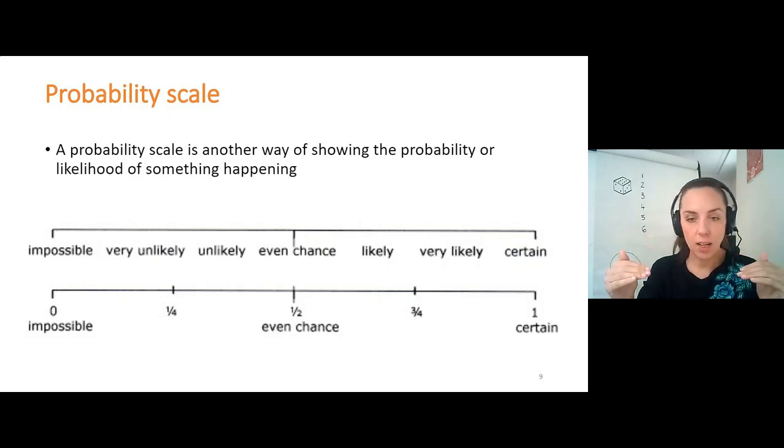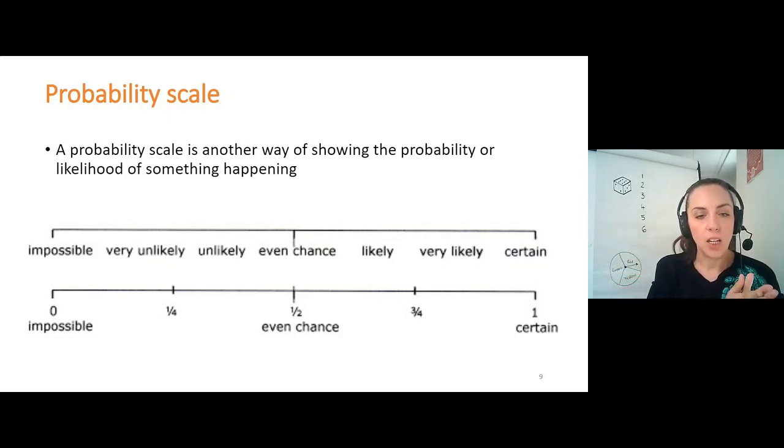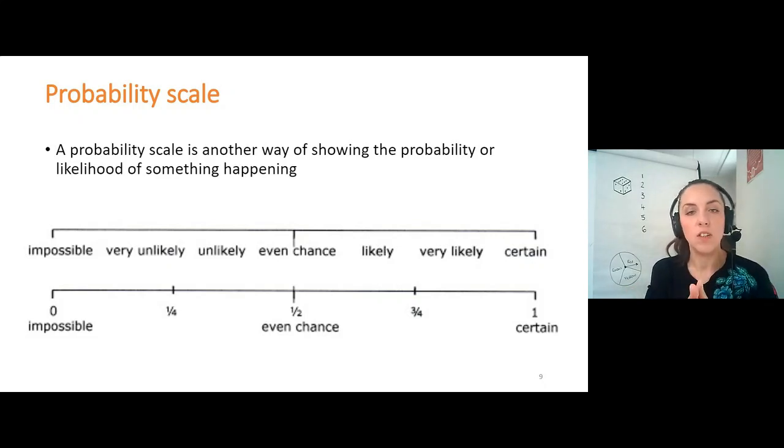And the bottom scale includes some probabilities as fractions. So you can see in the middle, even chance is a half. We express that as a fraction as 1 over 2, 50-50. It's half a whole chance of happening.